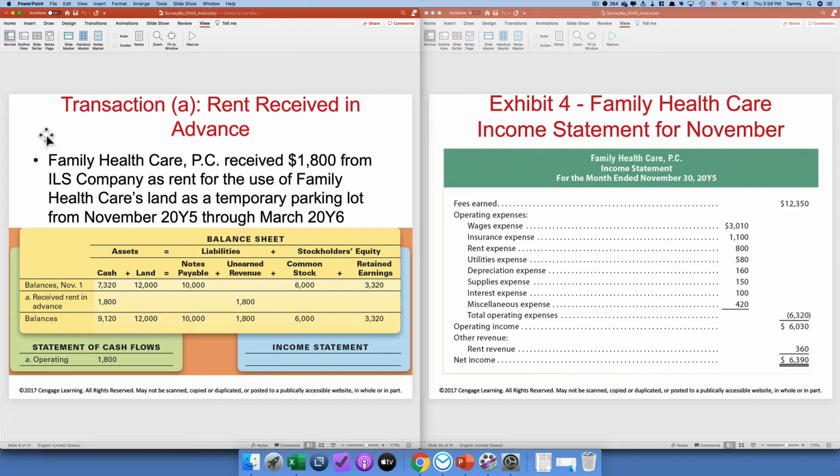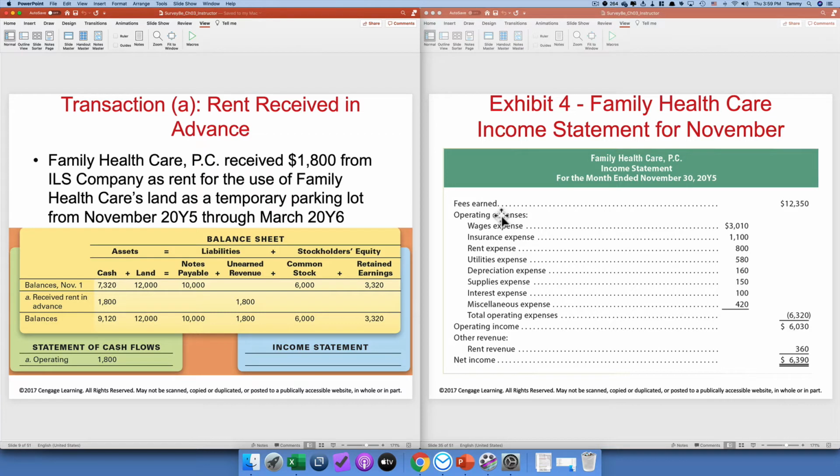Okay, so here we are. I've got these transactions starting from the beginning, from the last lecture, and as we go through them again, we're going to track where they show up over here on the income statement and the balance sheet.